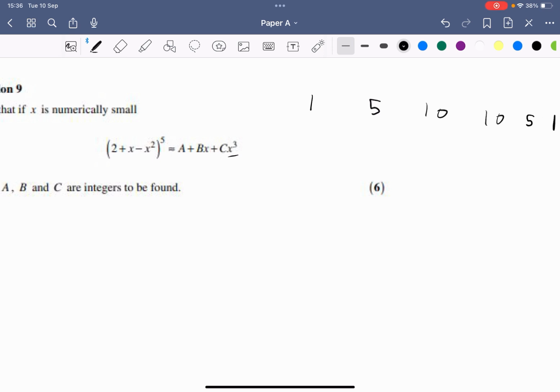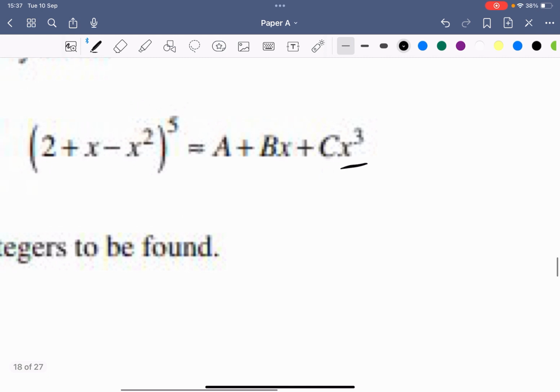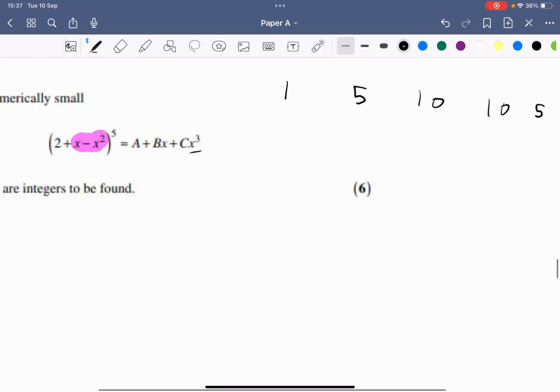Okay, so here are my coefficients for the choose function. Now, to make this simpler, I'm going to consider x minus x squared as one term, and I'm going to consider 2 as another term.